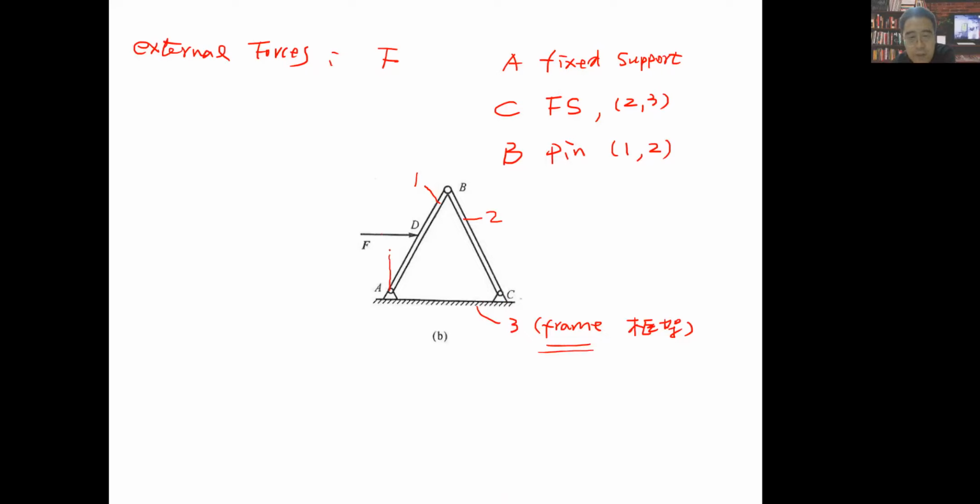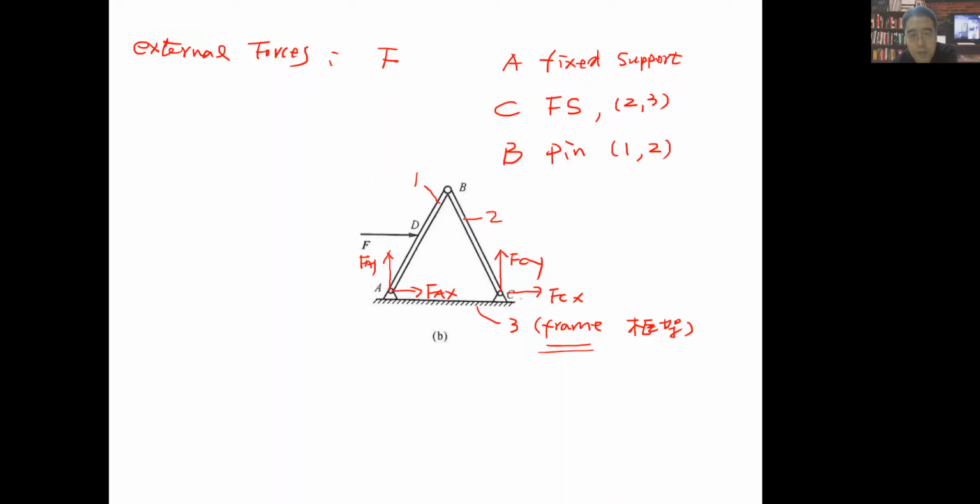So then it will be like this. It is FAY and FAX. And here it should be FCX and FCY. So actually, all these four forces are acting by the frame, or by part 3, on rod AB and rod BC. And these four forces are also external forces, right?